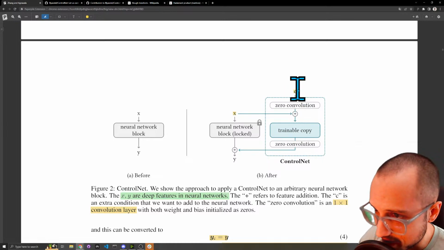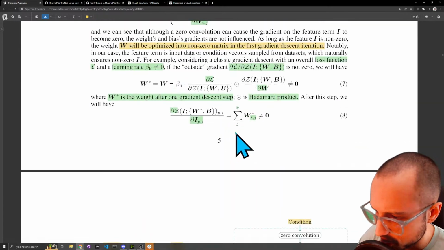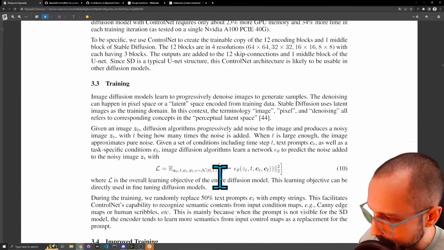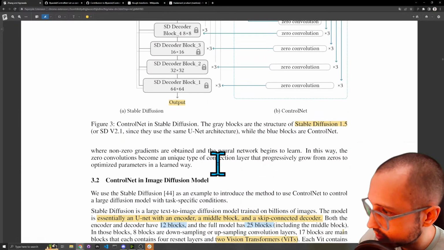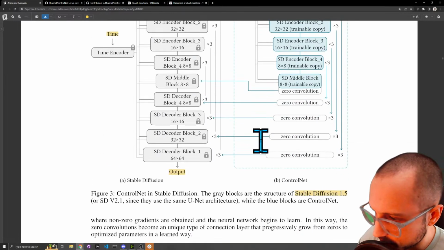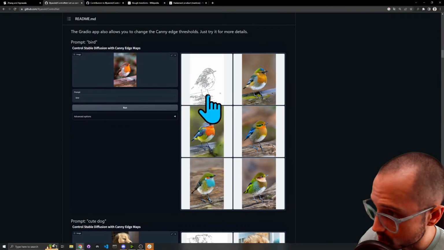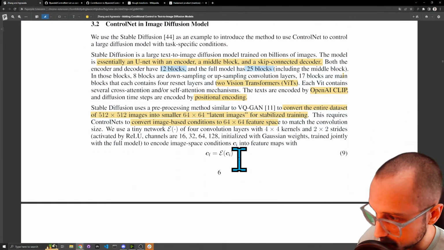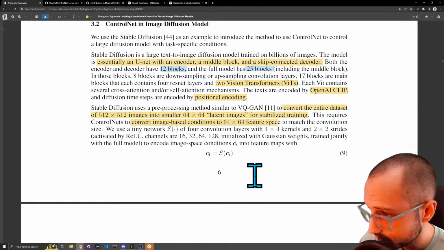So they need to make this C have the same exact dimensionality as this X. So if their C is an input map, let's go back up here, if the C is an input map with HWC, where this is 64x64, then they need to convert the condition, this Canny edge image, into also the same dimensionality, which is 64x64, right?